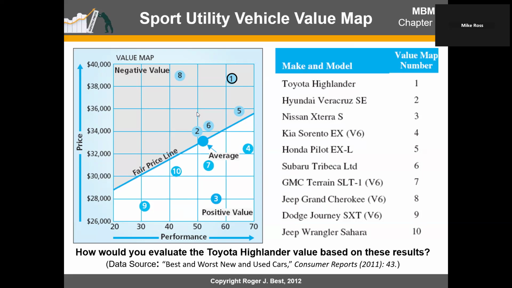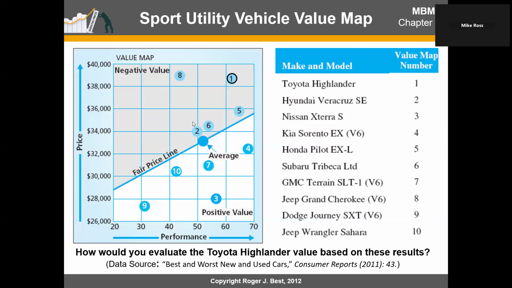As opposed to, well, who would I not want to be? I would not want to be Jeep Grand Cherokee because the performance does not seem to be great and it's much more expensive than what seems to be the fair price for that SUV.